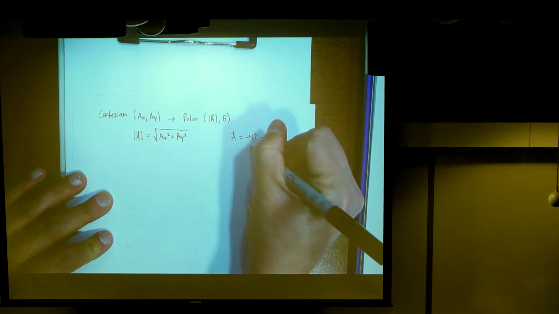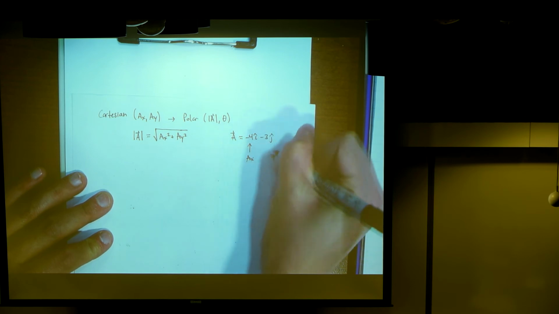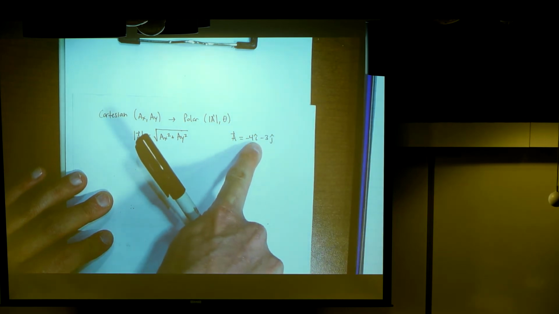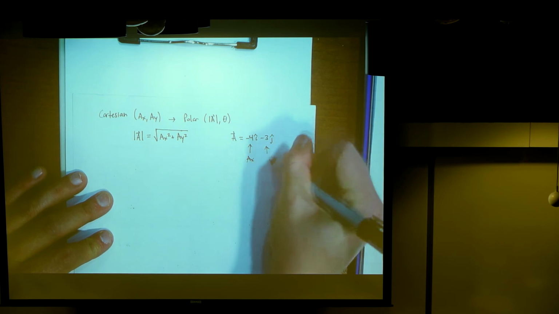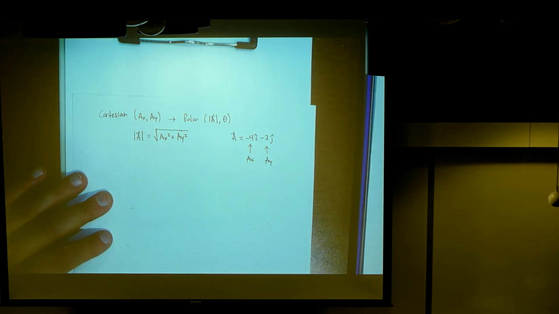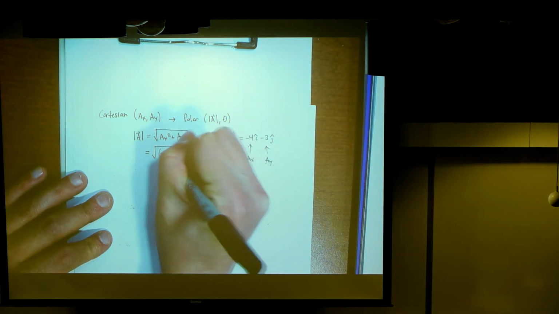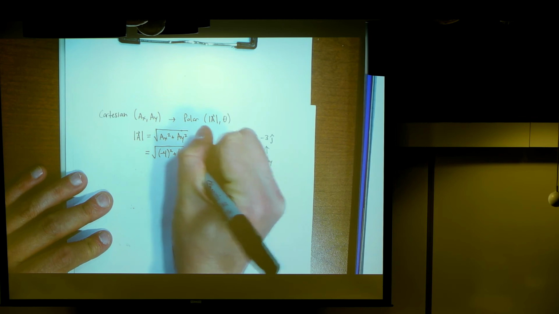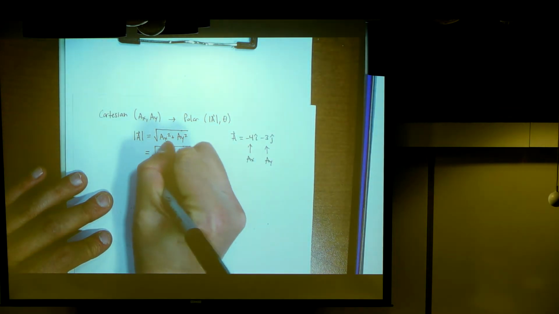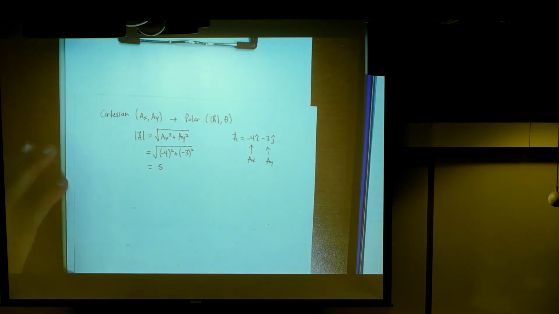So this is ax, the one that goes with our i hat unit vector, and this is ay. That's how this works. So what we have is the square root of minus 4 squared plus minus 3 squared. This actually works out to exactly 5. So 3, 4, 5 is a Pythagorean triple, if you remember.